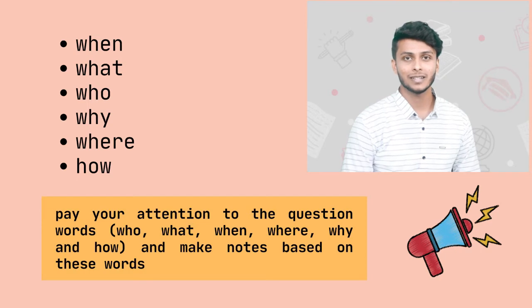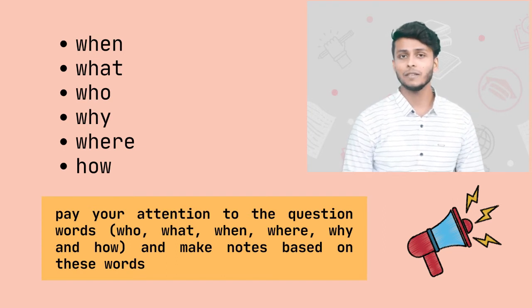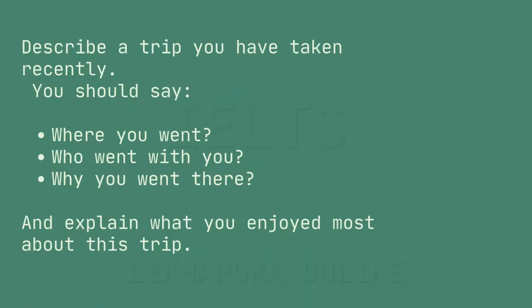So the strategy is pay your attention to the question words: who, what, when, where, why, and how, and make some notes based on these words. If we look at the question again, under the phrase 'you should say', it asks where you went, who went with you, and why you went there.